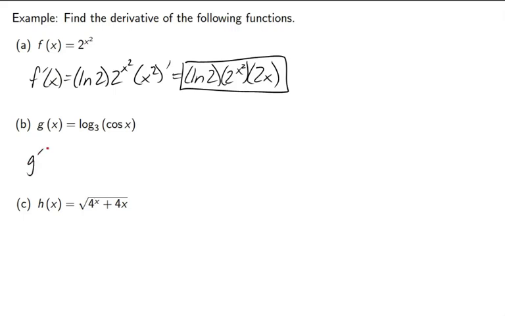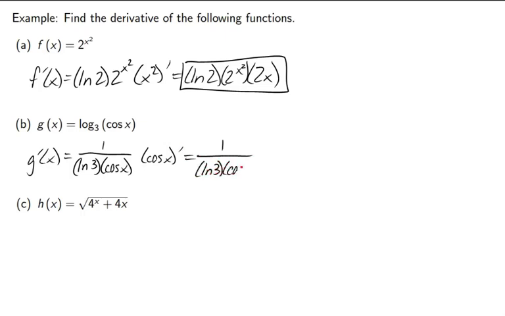G prime of x. We've got log base 3 of u. So the rule for log base 3 is 1 over natural log of 3 times u times the derivative of u, the inside. So we get 1 over natural log of 3 times cosine x, then times negative sine x. We'll leave it like that.